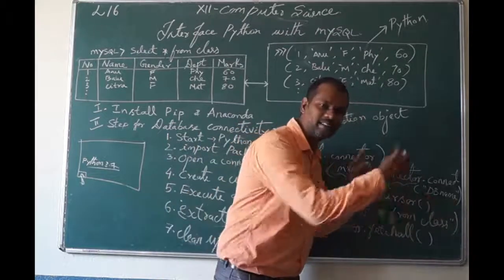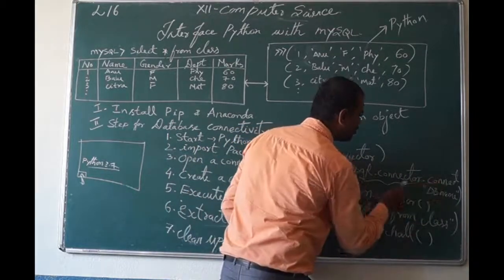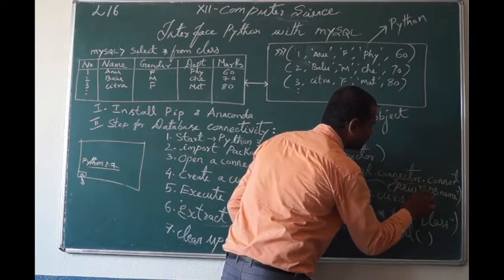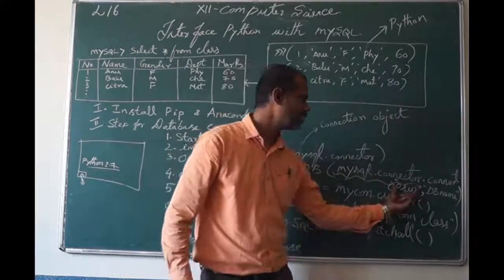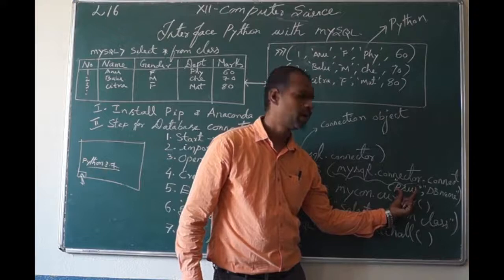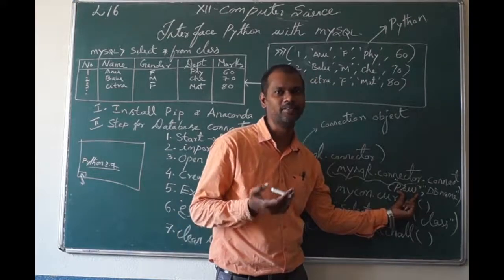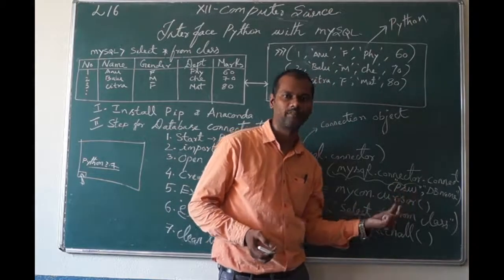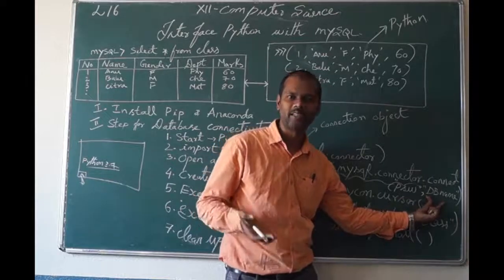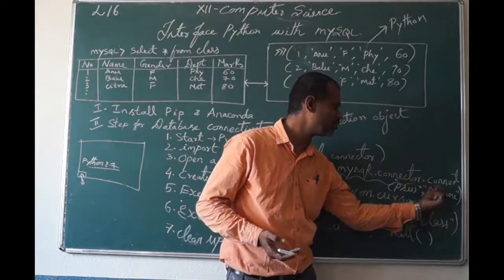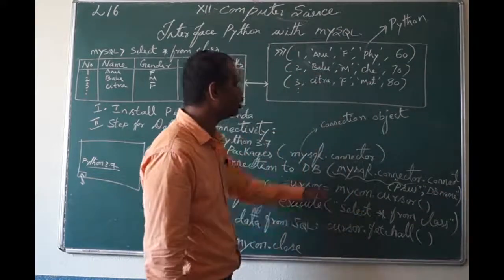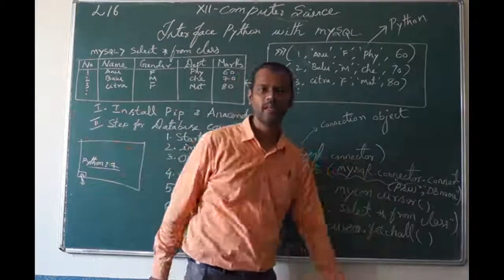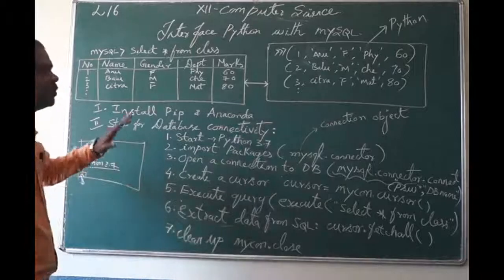In this bracket, you have to give the password, comma, database name. Within the double quotes, you give the password. My system password is root123, so within the double quotes I give root123. Comma, my database name is db12, so within the double quotes I give db12. Using the library package, I can open the SQL.